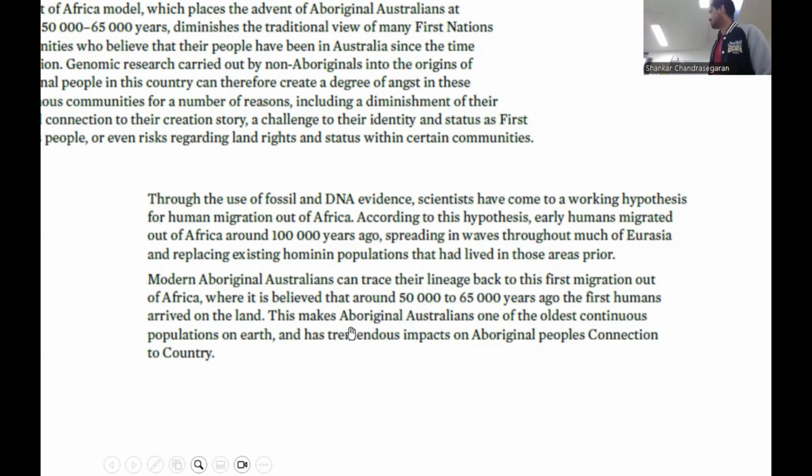That makes them the oldest continuous population on Earth. And that means the Aboriginal people have had a very strong connection to their country.